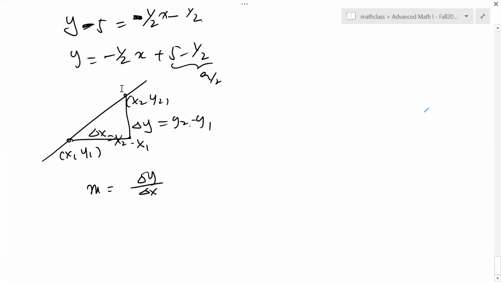So how do you get the y coordinate? y2 will be delta y plus y1. You just add the small change to the y variable of the first point, okay? And x2 is going to be delta x plus x1.